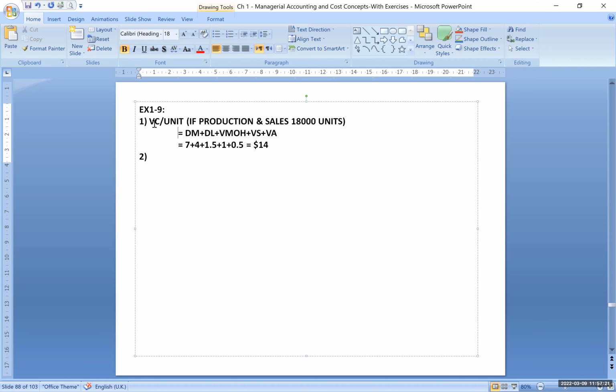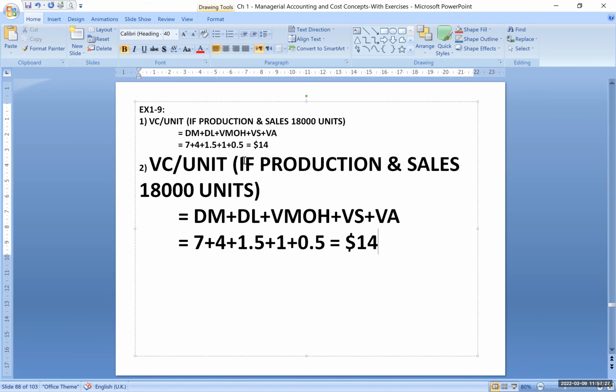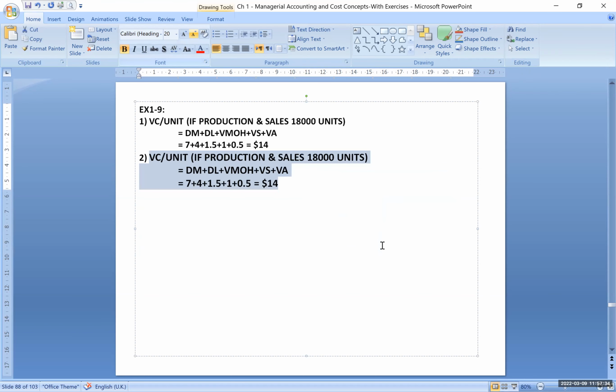Number two, what is the variable cost per 1 unit if we produce and sell 22,000 units? It will be the same answer. Why? Because we are talking about per unit.